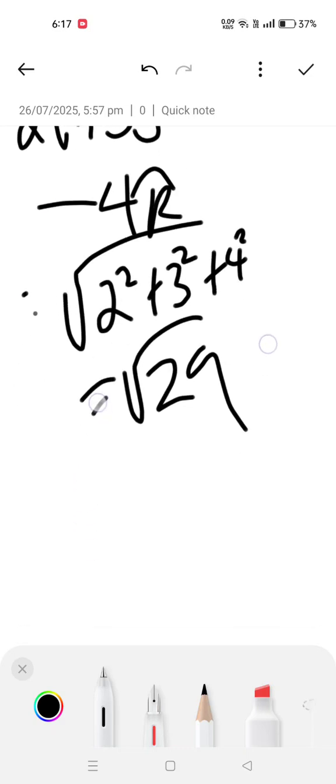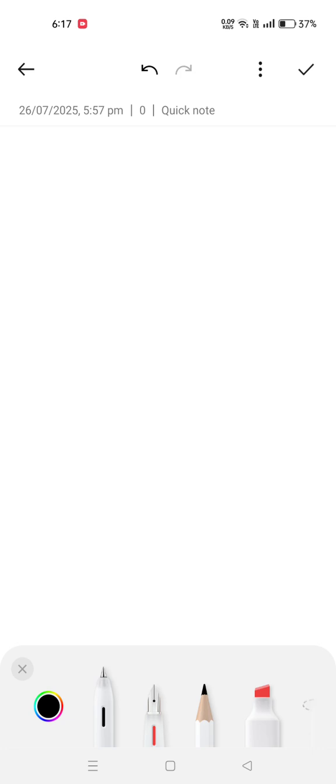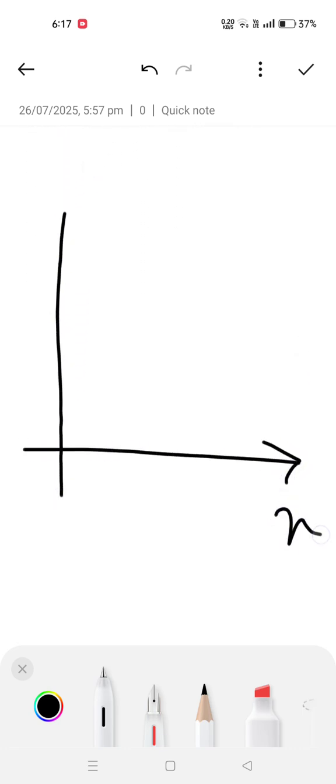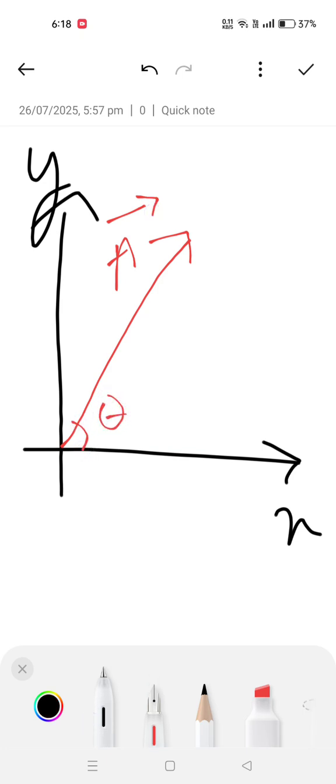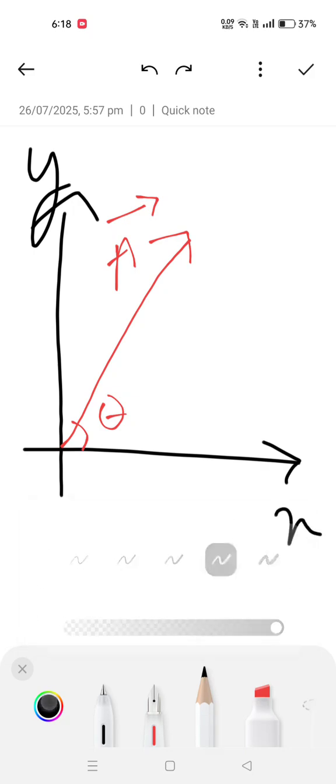Next we have components of vectors, which is very important to know. Supposing there is an xy plane, this is x, this is y. Then we see this is supposing a vector A and this is theta. Let me change the color to help you understand better.